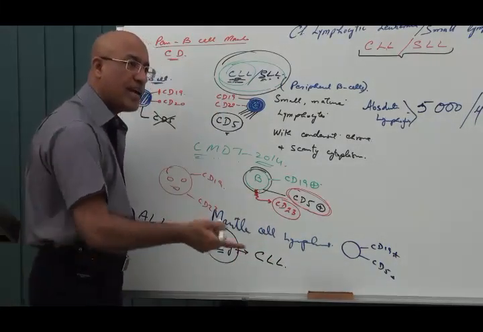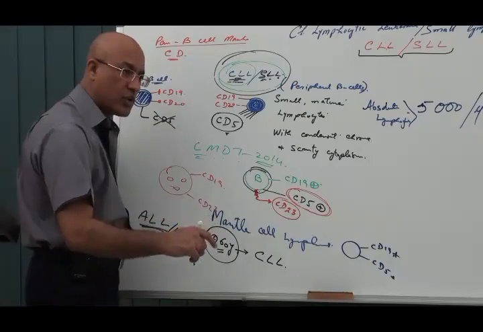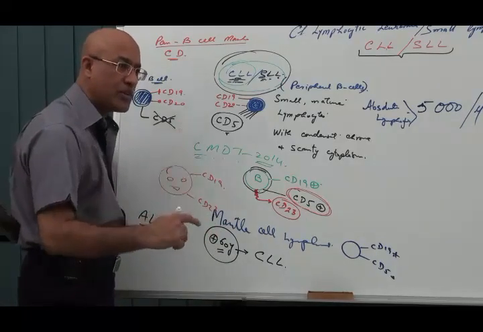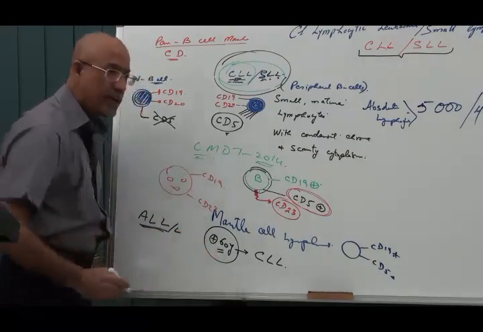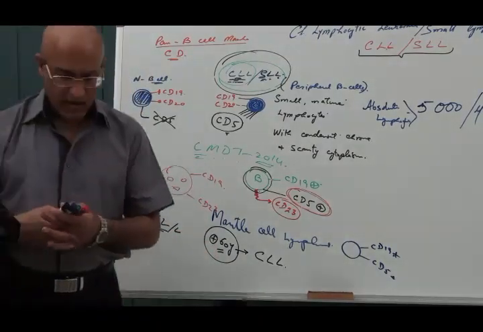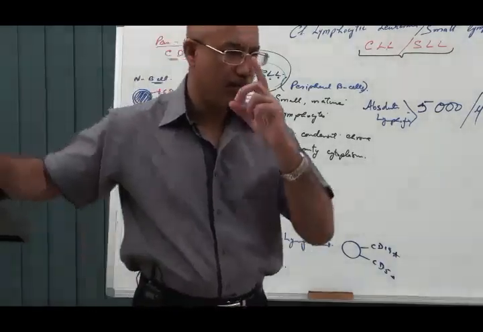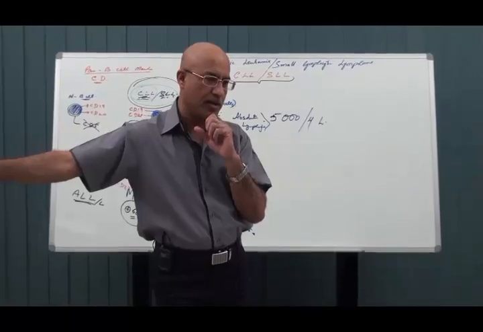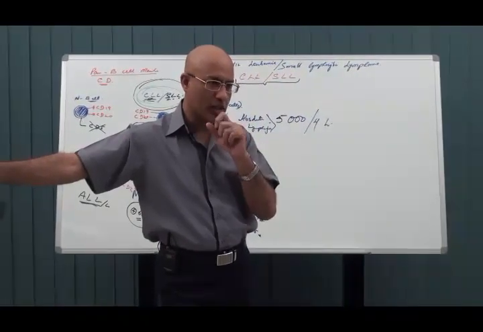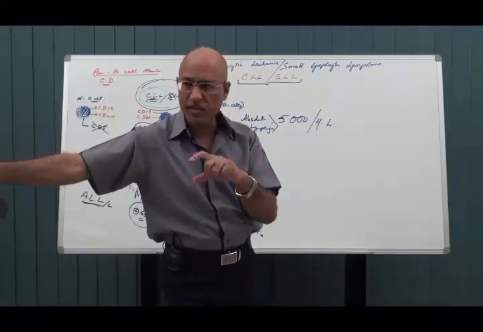Is that right? And it's more common in males, 2:1 ratio. Whenever one female suffers with this condition, there are two males in competition to have it, unfortunately. And again, when we talk about the most common pediatric leukemia, you should think of acute lymphoblastic leukemia. We discussed that last time.